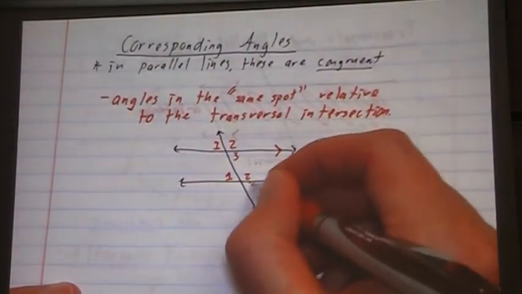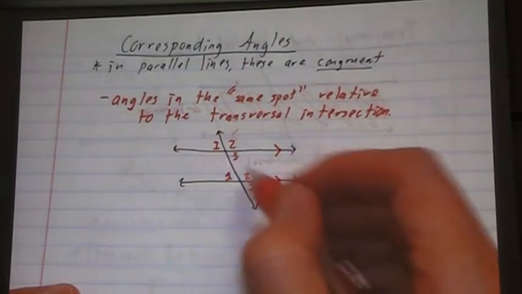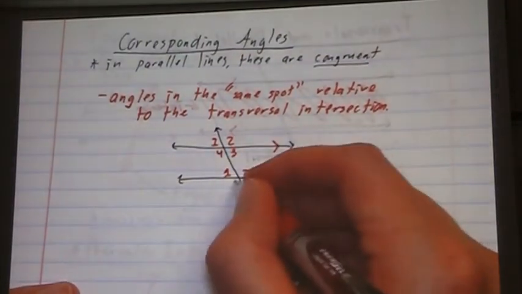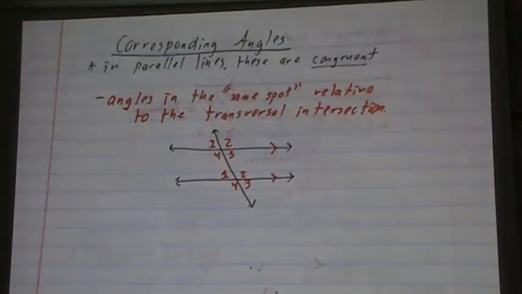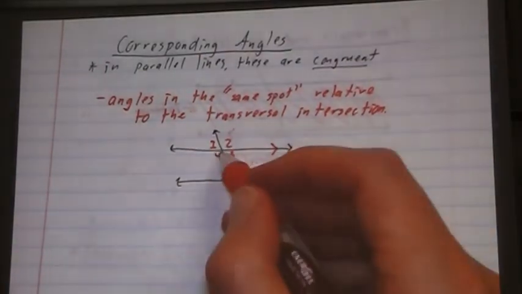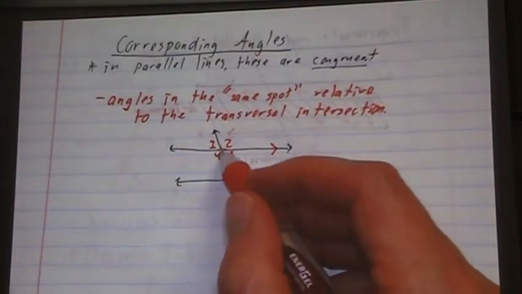Angle 3 would also be congruent to angle 3 down here. Those guys are corresponding because they're both bottom rights. And 4s would also be corresponding because they are bottom lefts. Okay? Again, these are angles in the same spot relative to the intersection. They're both bottom lefts, those angle 4s are.